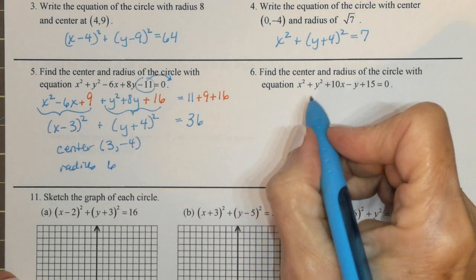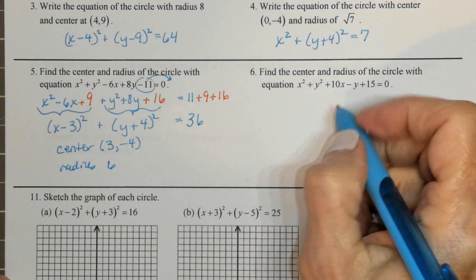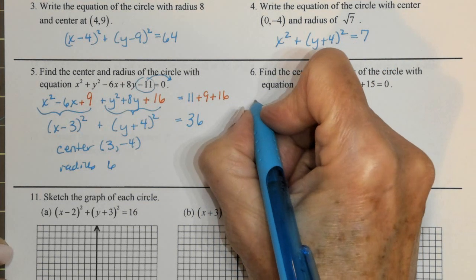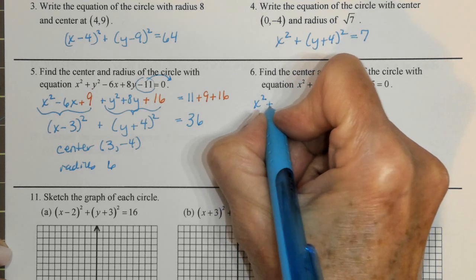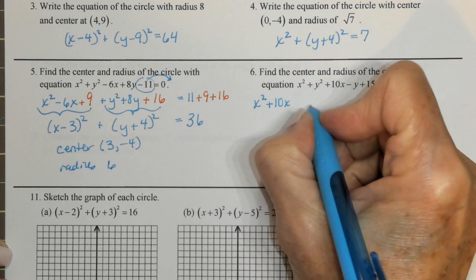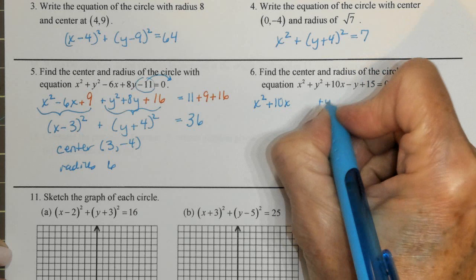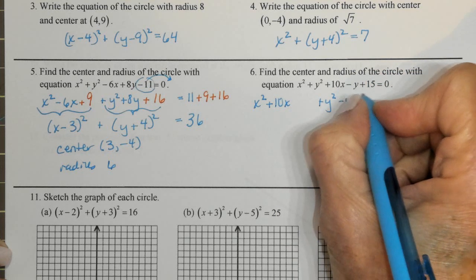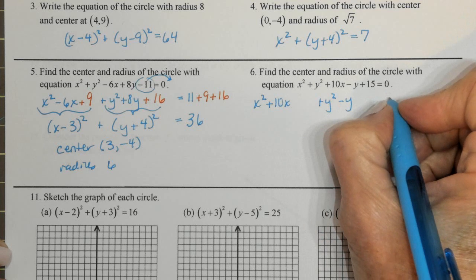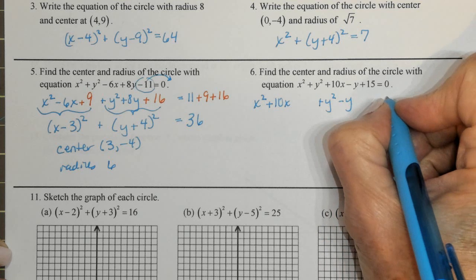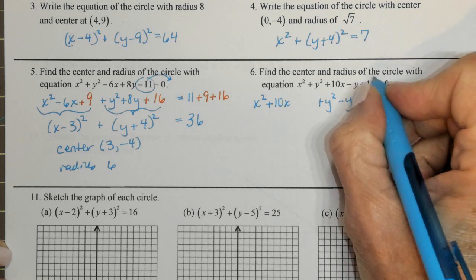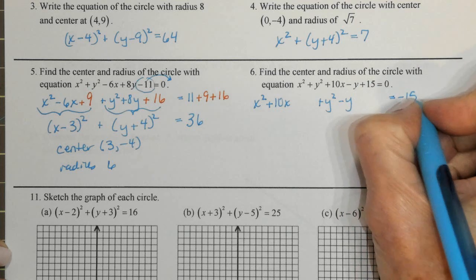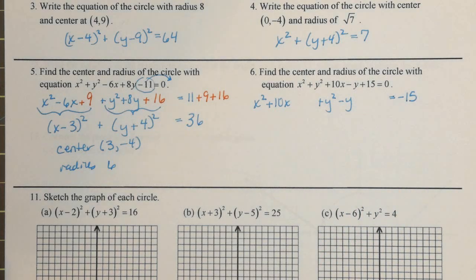Okay. Similar in class, I let the kids do this by themselves. Group your x's together, leave a space to complete the square. Group your y's together, leave a space to complete the square on that. Move the 15 to the other side, minus 15.